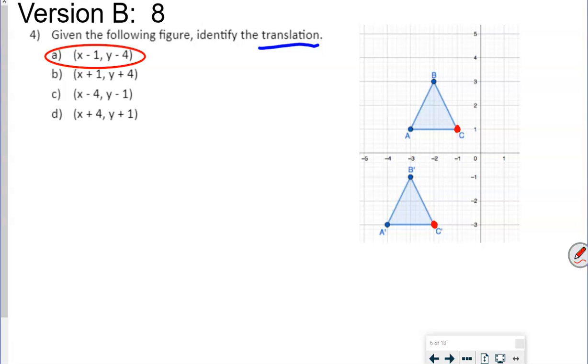I'm going to go 1 over, and then 1, 2, 3, 4. So I'm going 1 left, right? And then 4 down, right? So hopefully you know that 1 left means minus 1 and 4 down means minus 4, right? If it said vector, it would be negative 1, negative 4, okay?